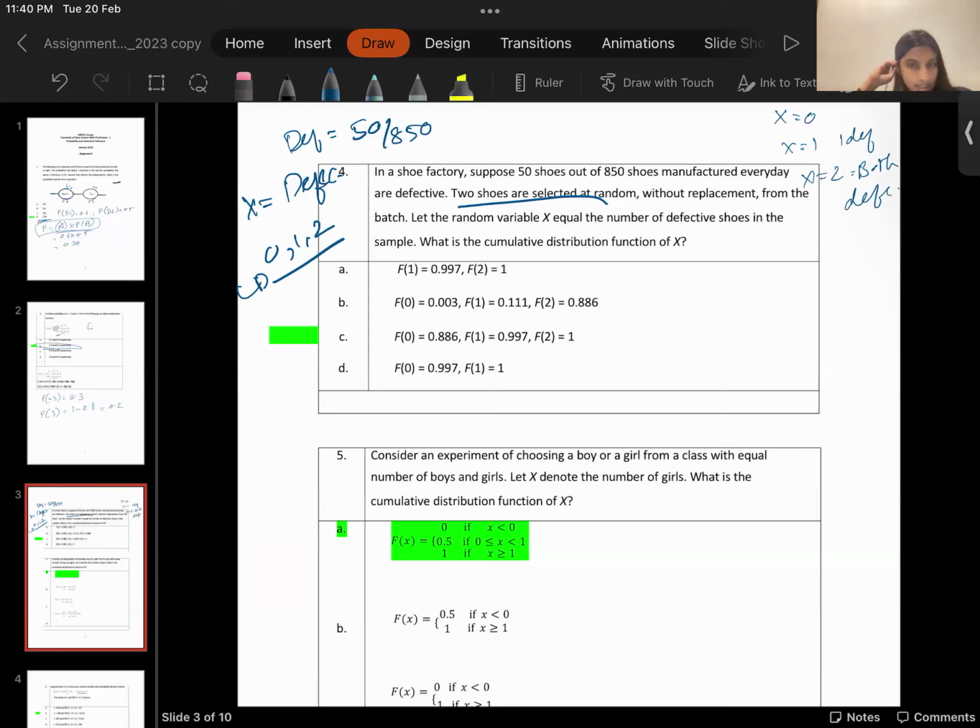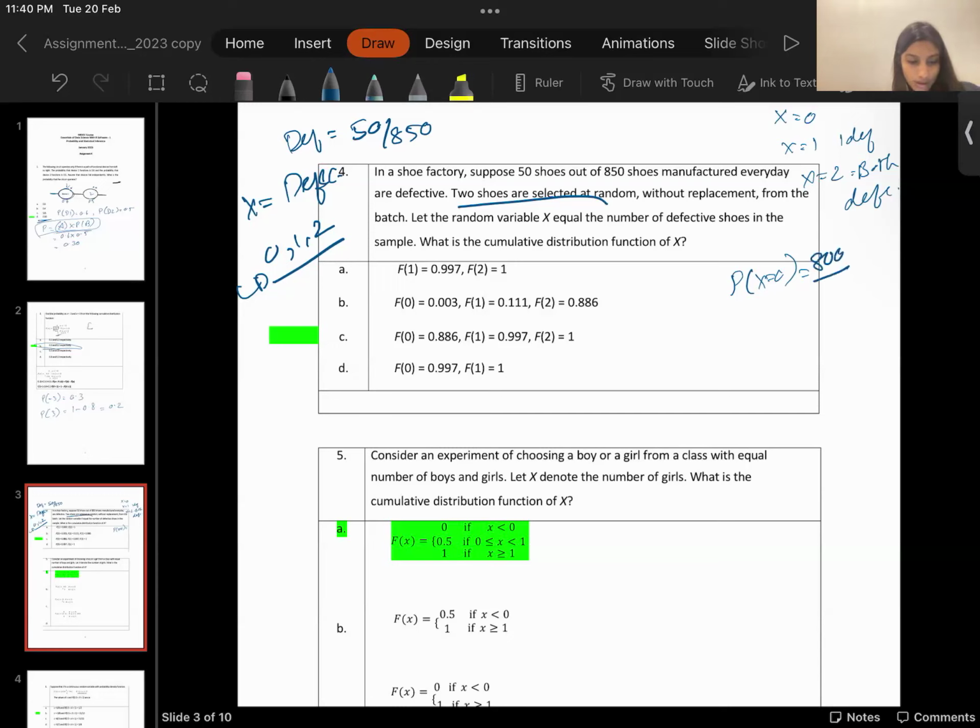So the probabilities of each value of X. The probability that X is equal to 0 is equal to... So yeah, already you know that 50 out of 850 shoes are defective.